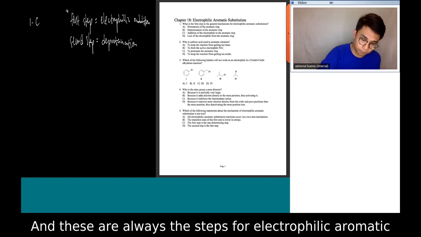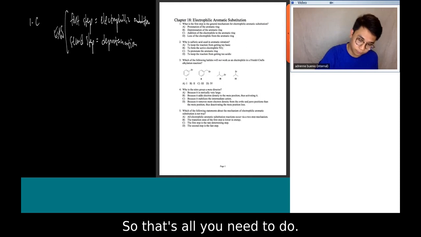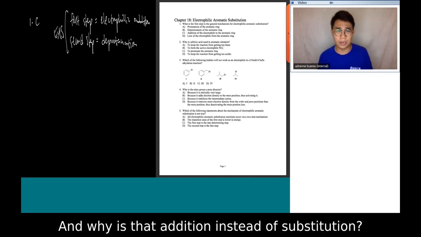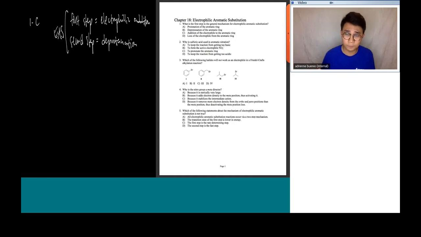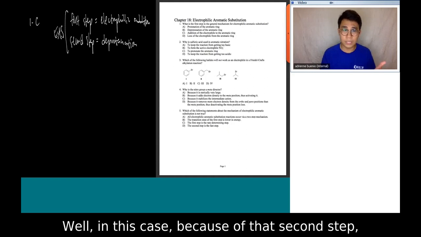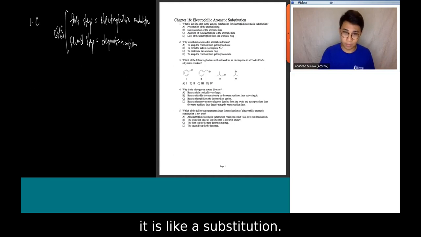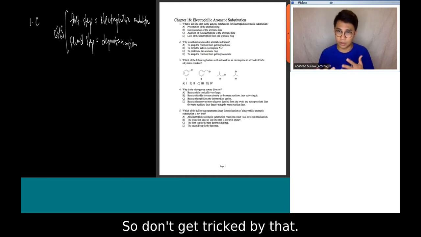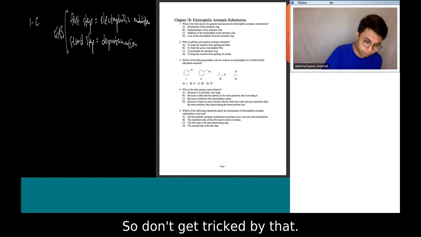These are always the first step, well, the only steps for electrophilic aromatic substitution. So that's all you need to do. And why is it an addition instead of substitution? Well, in this case, because of that second step, it is kind of like a substitution, so don't get tricked by that.